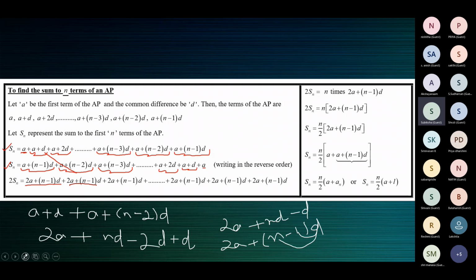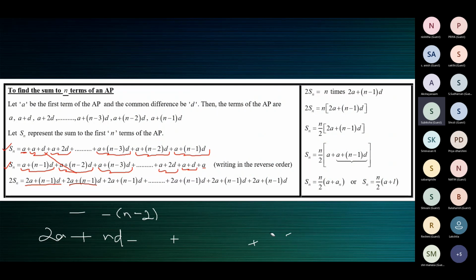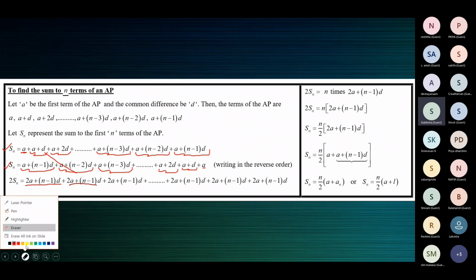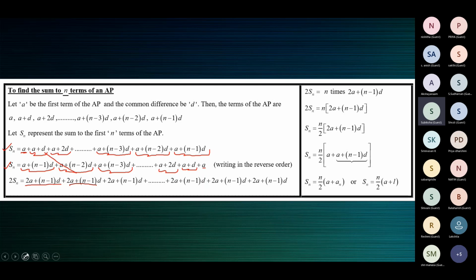Now let's do the third one. Let's add. This is the third term in the first row, and this is the third term in the second row.